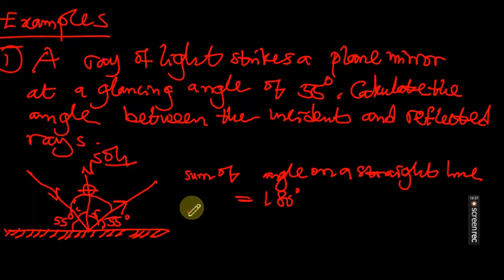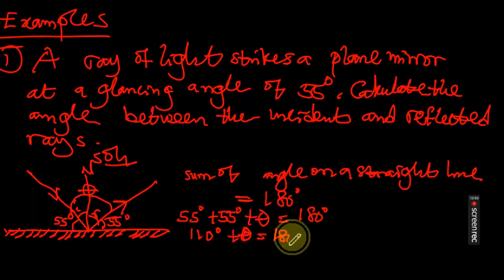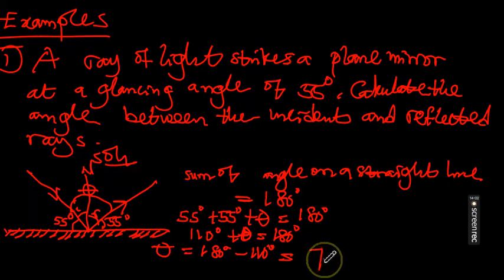We have 55 degrees plus another 55 degrees plus the angle between the incident and the reflected, which is theta, and everything equals 180 degrees. So 55 plus 55 gives me 110 degrees plus theta equals 180 degrees. Collecting like terms, theta is 180 degrees minus 110 degrees, and that gives me 70 degrees. So the angle between the incident and the reflected ray is 70 degrees.